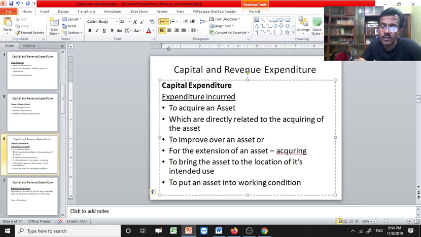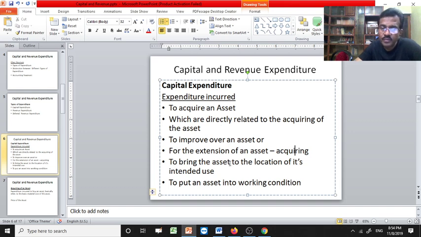When you are extending, if you are making any expenses directly related to acquiring the asset, you have to capitalize that also.